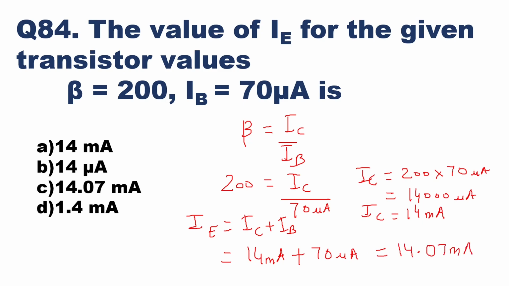We have converted 70 microamperes to milliamperes, and added it with the collector current of 14 milliamperes. So it will come as 14.07 milliamperes. So emitter current is 14.07 milliamperes, and option C will be the right answer.